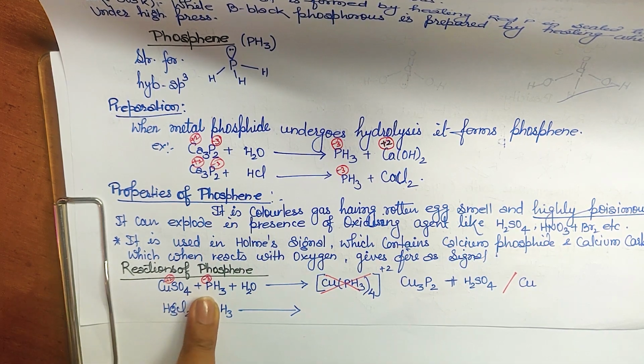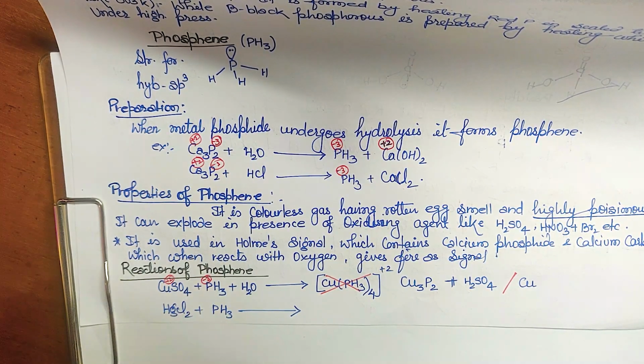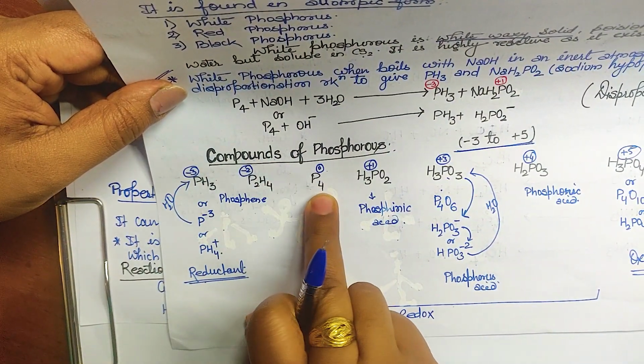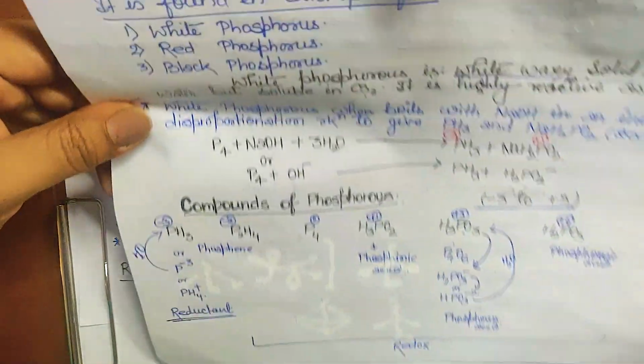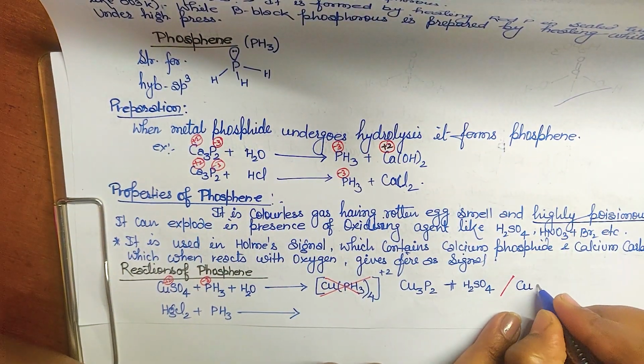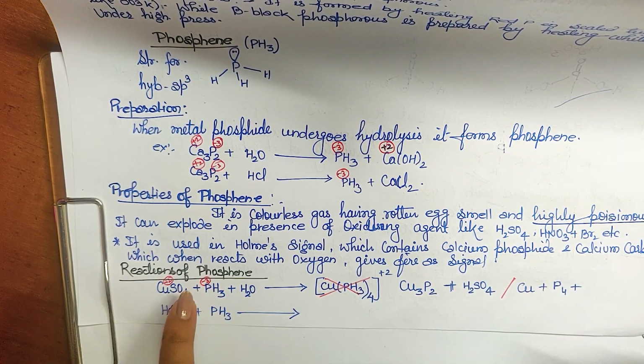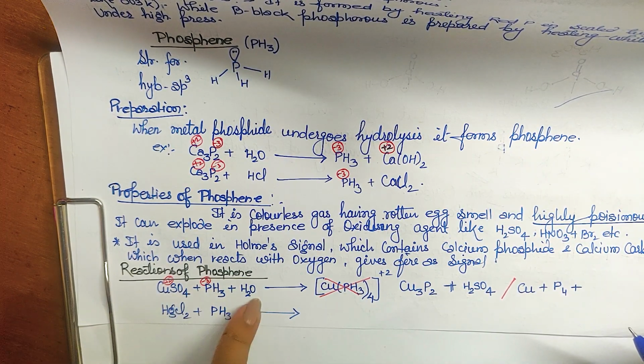And phosphorus has to be oxidized. So check the oxidized product. The stable one is P4, as I have explained, so we will make P4 over here. What happens with the sulfur, SO2 and H2?